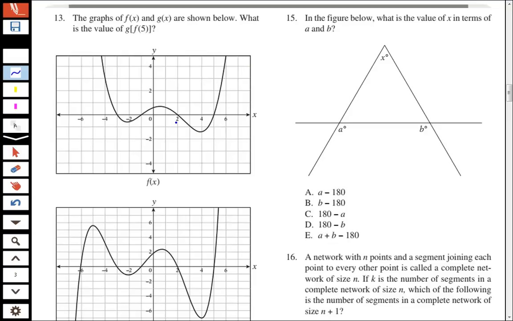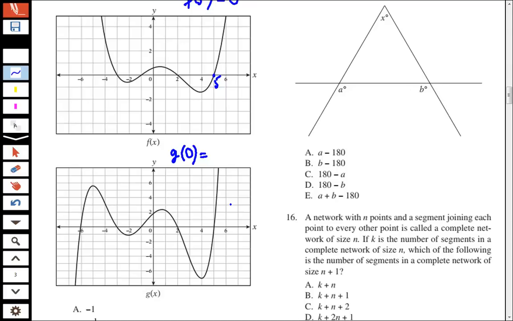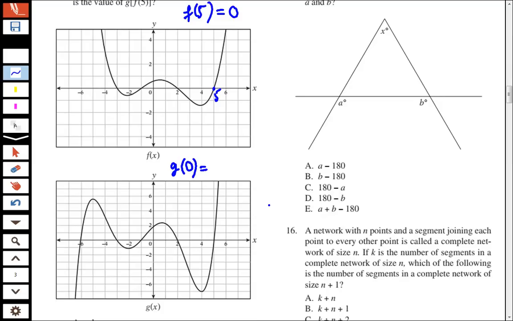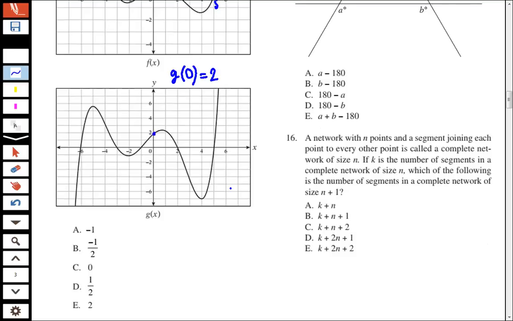We see that f(5), number 5 here, f(5) equals 0, and we need the value of the function g(x) when x equals 0. We just need to find the y-intercept of the graph of function g(x), which is here. It is option E.